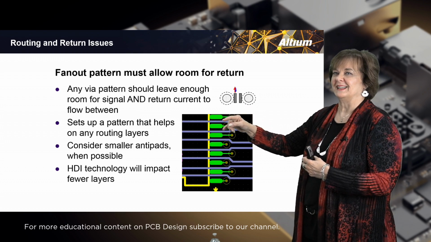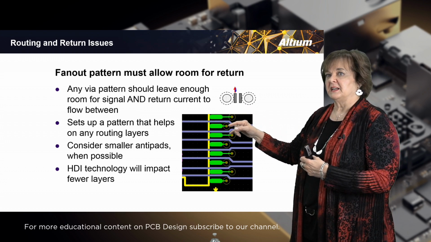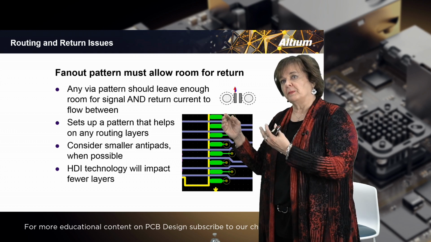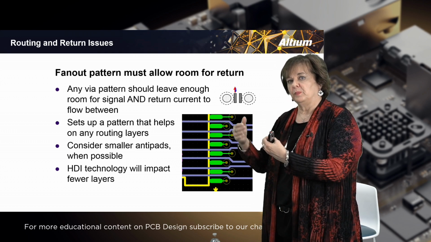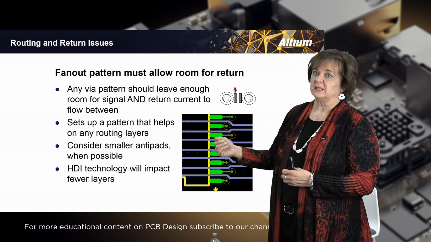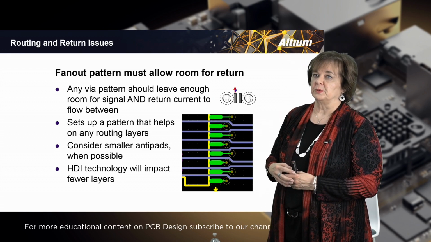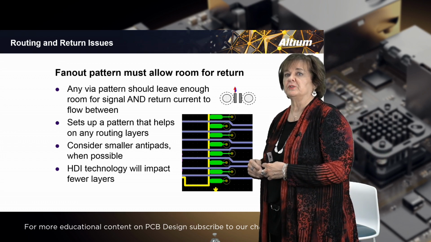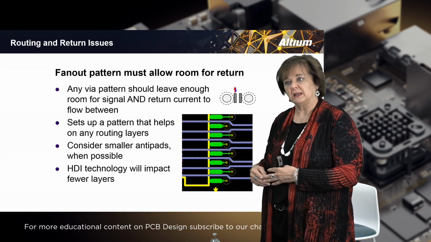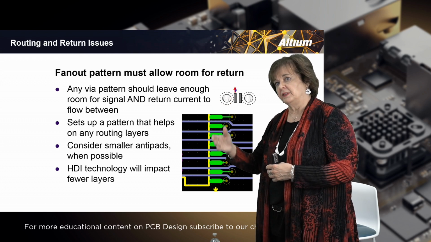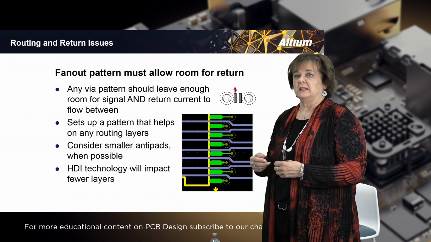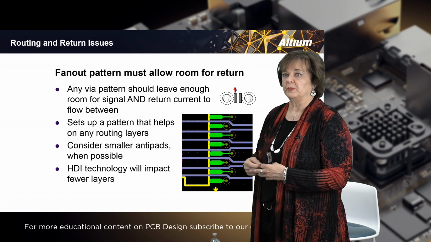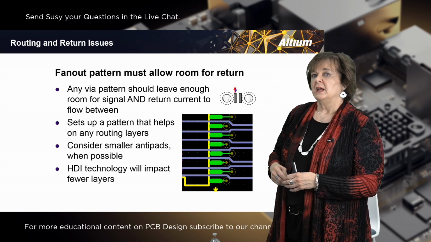So the antipad opening needs to be small enough, if you will, or the pattern of the vias needs to be wide enough that the signal and the return path can flow between those two openings. It sets up a pattern that can help routing on any different layer of the board, because these are through-hole vias in this case, and it will set up a pattern that can be used in any east-west routing that you happen to be doing on that board.